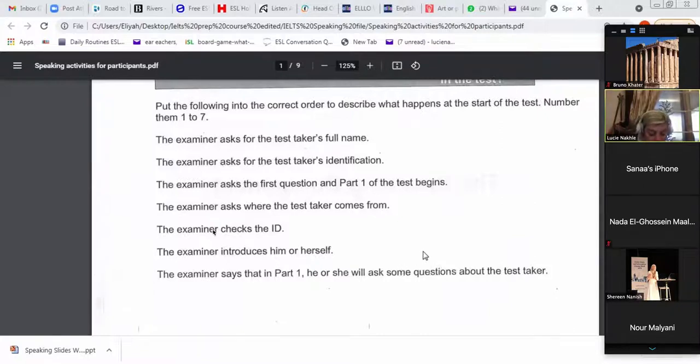And then what happens next? Ask the first question. Part one, the last one. No, before they actually ask the question, the examiner will introduce the part. So they will say, for example, in part one, I'd like to ask you some questions about yourself.